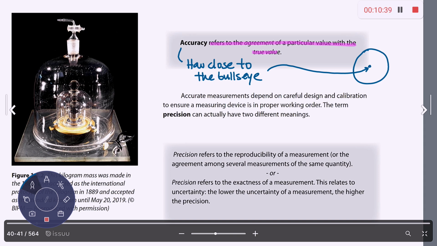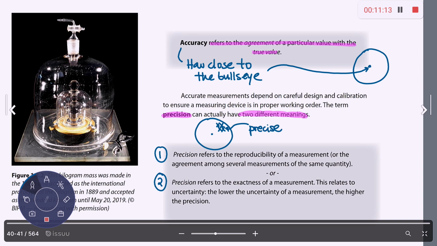Precision has two definitions, okay? Those two definitions are outlined for you here, and let me explain them. If I'm throwing darts at a dartboard, one after the other, and I keep hitting the same region with my darts, as long as they're close to each other, this would be considered precise.